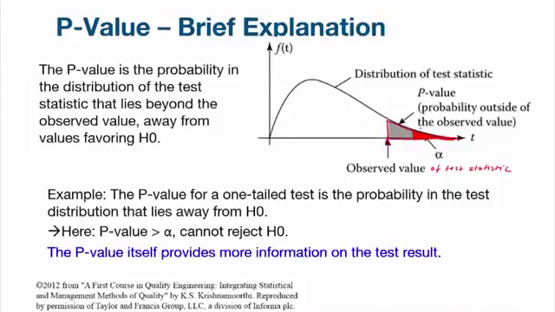And why is that useful? Because the p-value provides more information about the test result. It can tell us if we have passed the test definitively, if we have a value that lies well within the critical region, or it can tell us if we have, say, just passed the test, if we can reject the null hypothesis beyond the 95% level that we've defined by alpha.